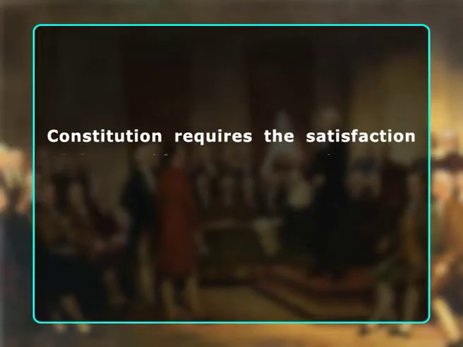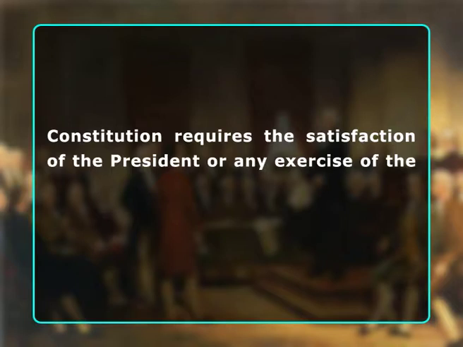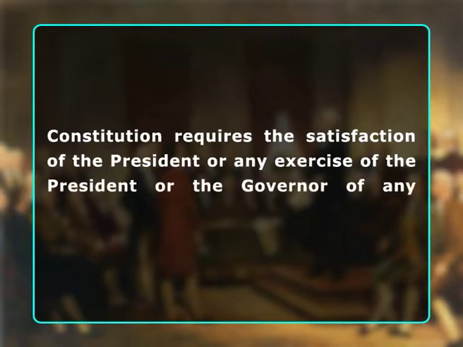Whenever the Constitution requires the satisfaction of the President or the Governor for the exercise of any of the functions or powers, the satisfaction required is not the personal satisfaction but the satisfaction of the Cabinet. That means the satisfaction of the Council of Ministers on whose aid and advice the President or the Governor generally exercises all his powers and functions.